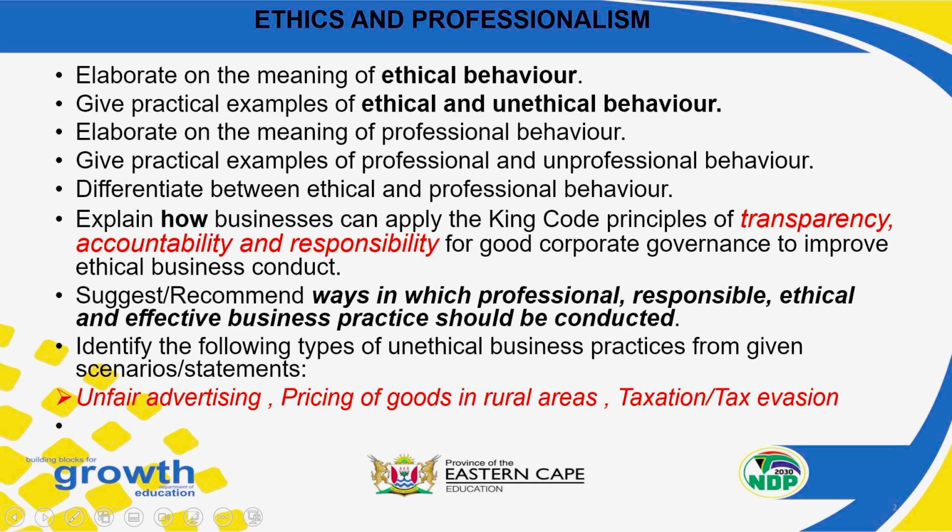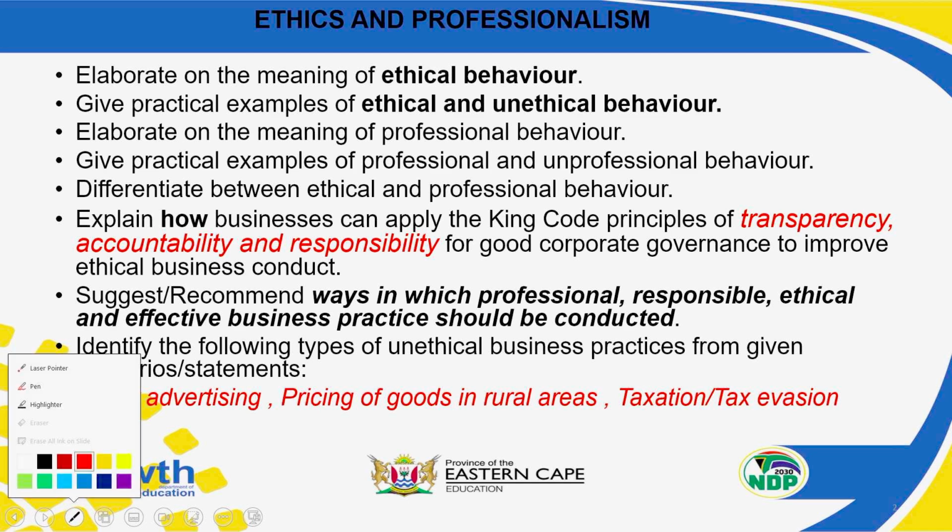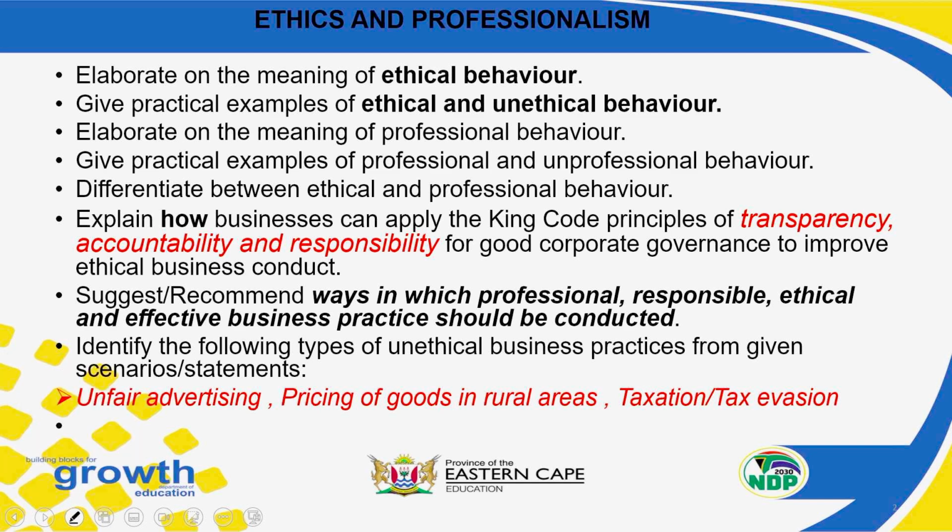Then you explain how businesses can apply the King Code principles of transparency, accountability, and responsibility. Remember, the King Code principles have more than 3 parts, but for this year and for this examination, for grade 12, we are focusing on transparency, accountability and responsibility.